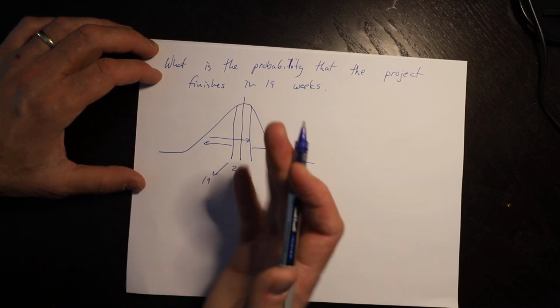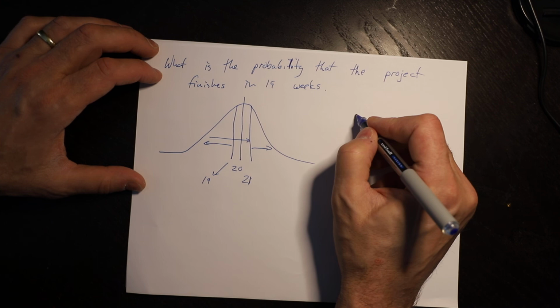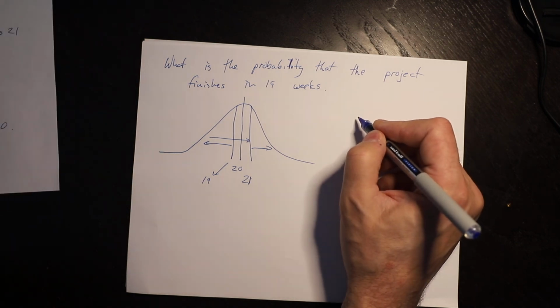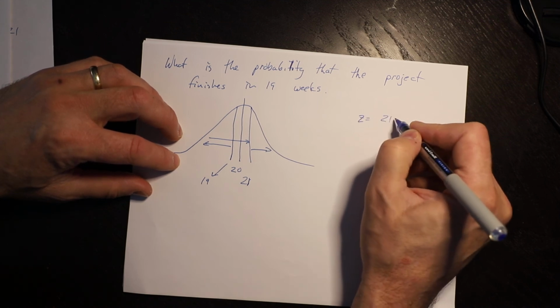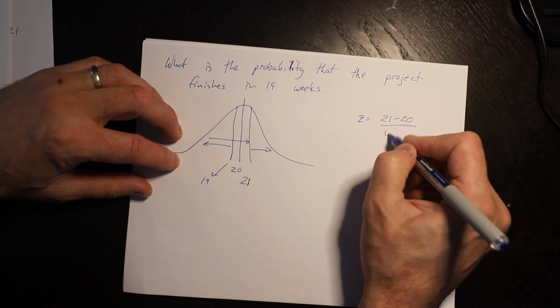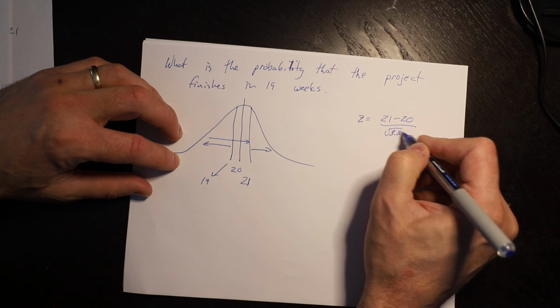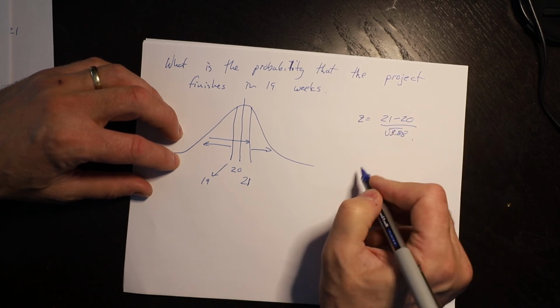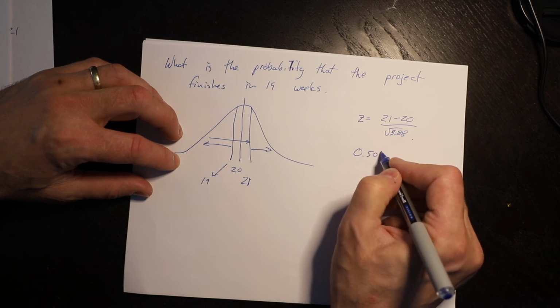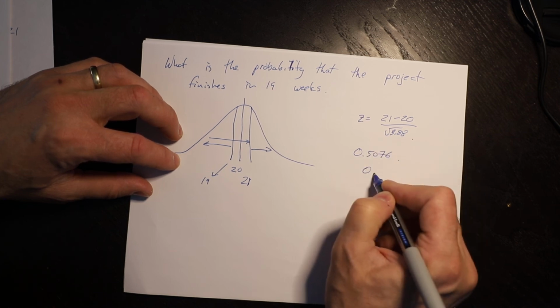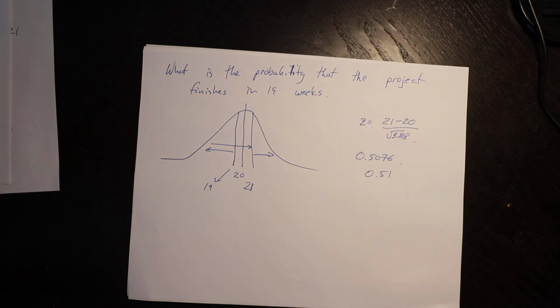So rather than doing that, I'm going to do a Z value based on 21. Z is equal to 21 minus 20 over the square root of 3.88. That gives us a value of 0.5076. I'm going to round that to 0.51.